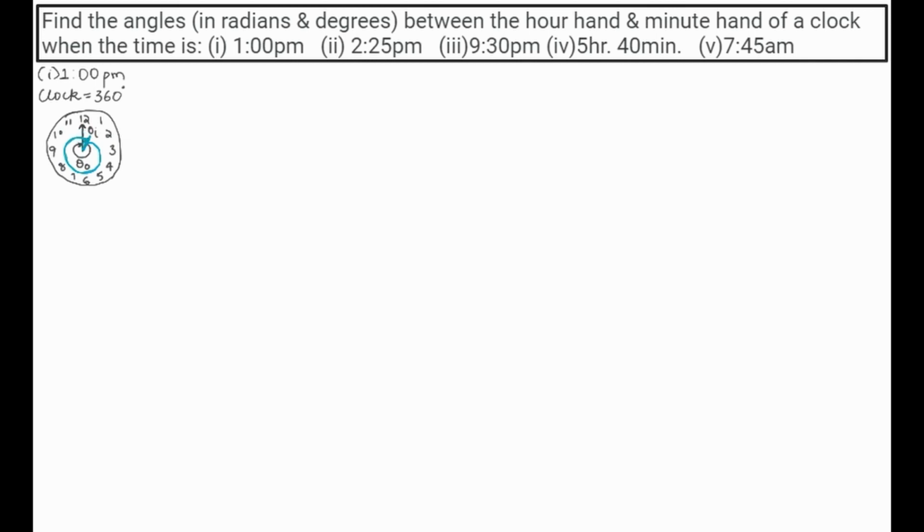Time taken for the hour hand to complete one full rotation in a clock, that is 360 degrees.